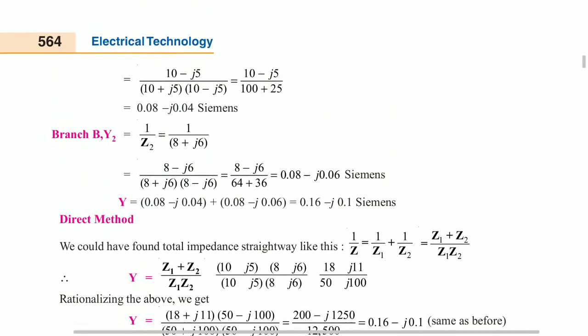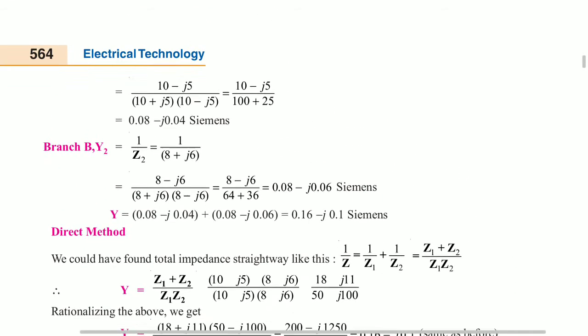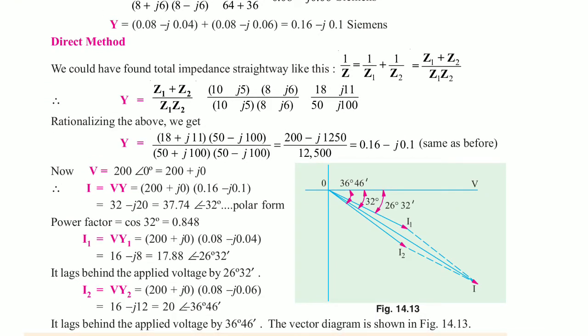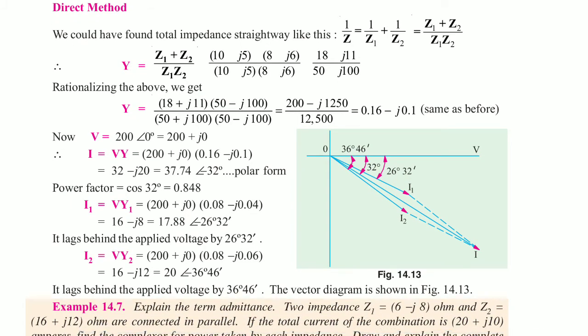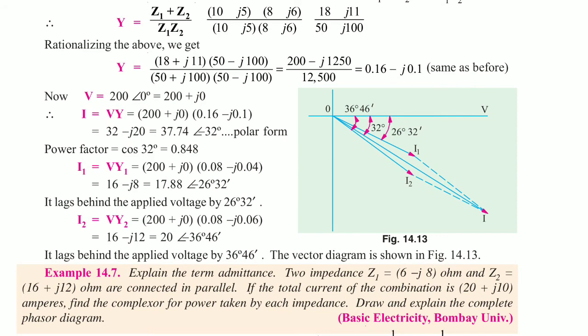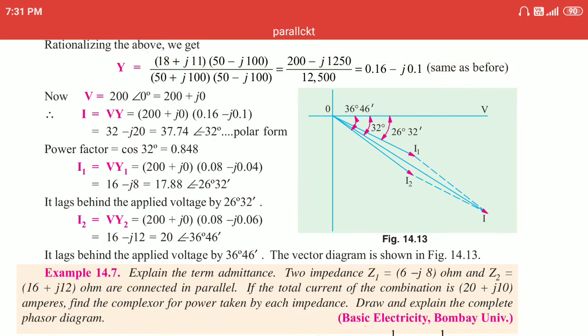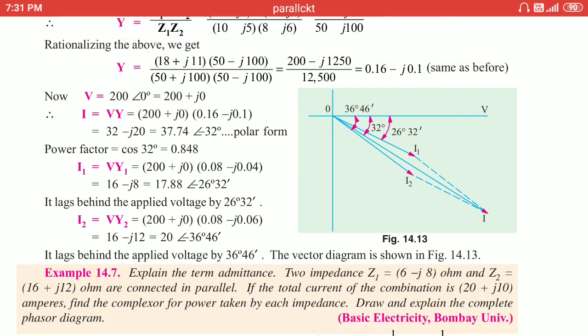In the first case we determine Y1 and Y2 and after that add them; here we find the direct Y value. Both are the same. So from this we can calculate the current I and the power factor, I1 from the branch 1 admittance and I2 from the branch 2 admittance. This will give the results for currents I1 and I2.